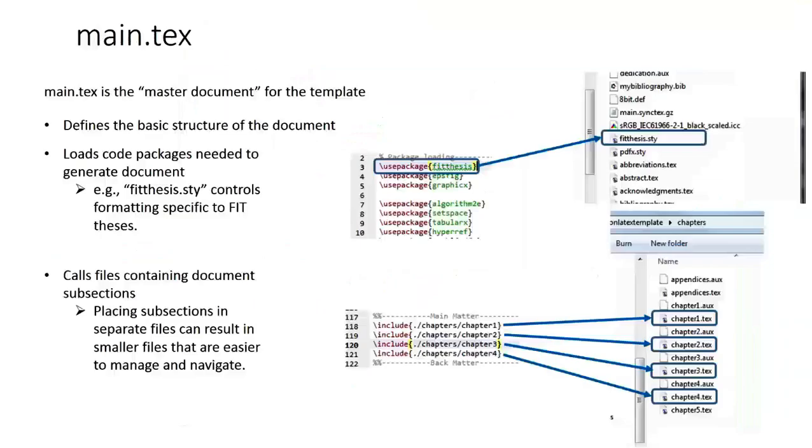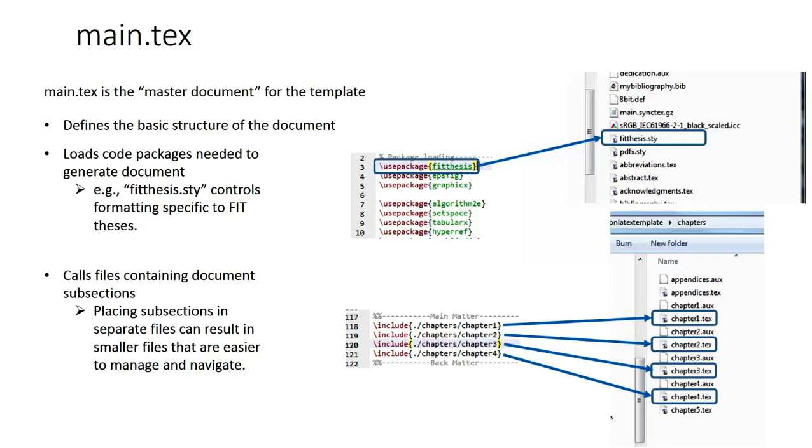The reason I'm mentioning that is, first of all, you remember I put the asterisk by main.tex? The reason for that is main.tex is your master document for the template. It's the one document that really gives the form to the overall thesis or dissertation. And it serves a variety of purposes. For example, it's used to load these different packages that dictate different aspects of the formatting of your document.